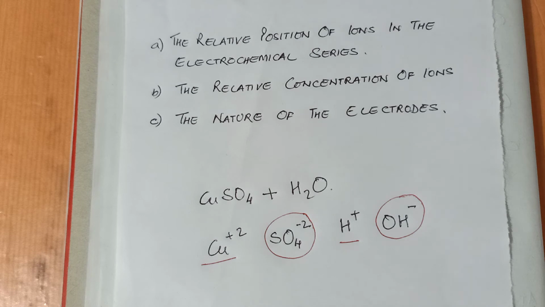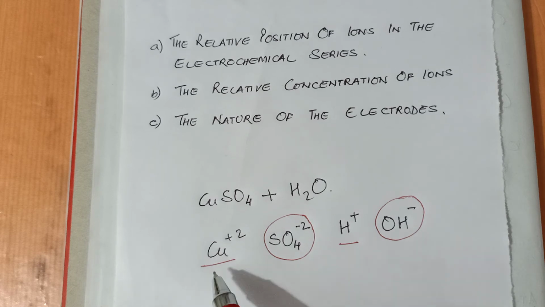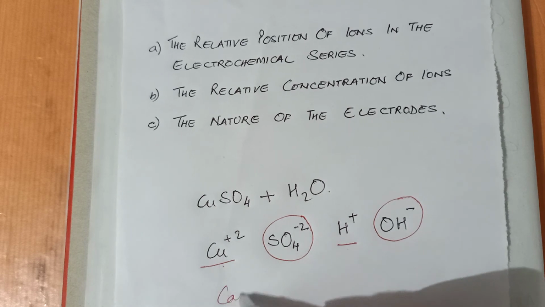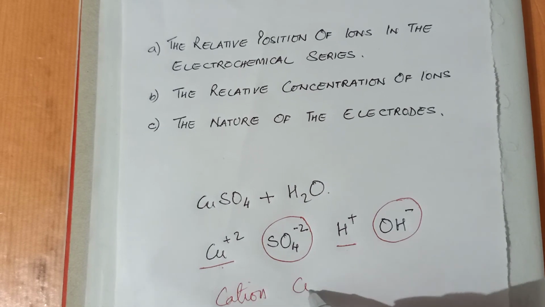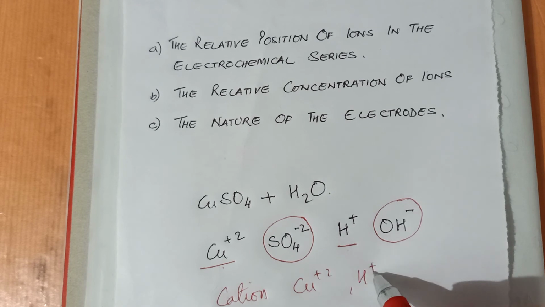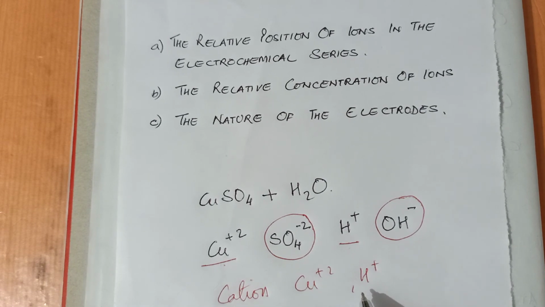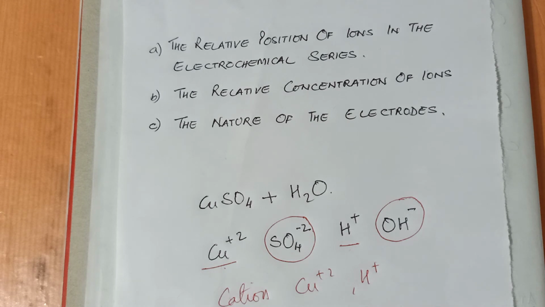Now all the ions cannot move. If we take the cations, Cu2+ and H+, both copper and hydrogen ion cannot move towards the electrode. And which electrode is that? Cathode, because cations move towards the cathode.